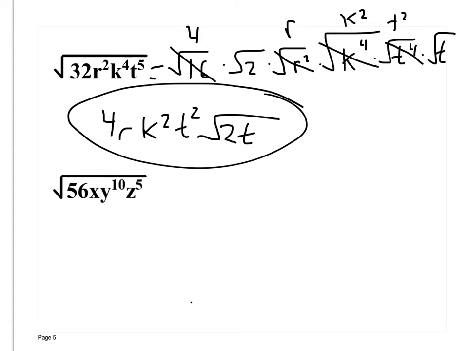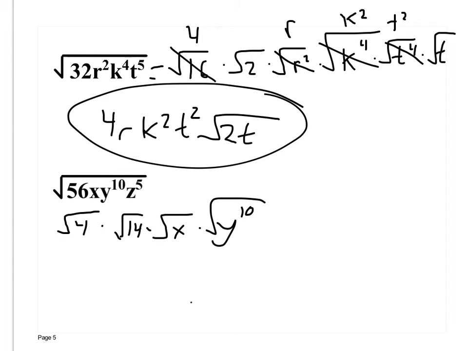Square root of 56 x y to the 10th power and z to the 5th. So I'm going to do square root of 56 into 4 and 14. I'm going to leave x and y to the 10th, and I'm going to split z to the 5th into z to the 4th and z.